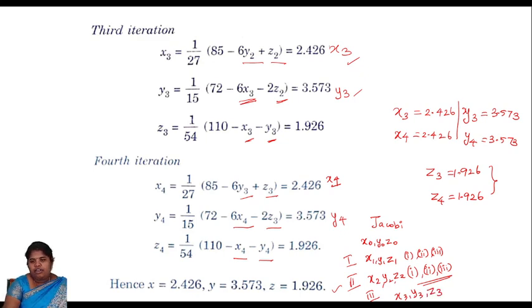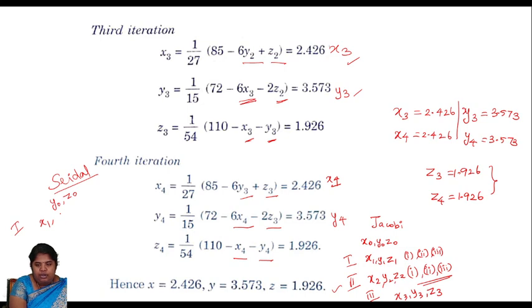But in the Gauss-Seidel method, we should replace y0 and z0 to obtain x1. Okay, so this is our first approximation.